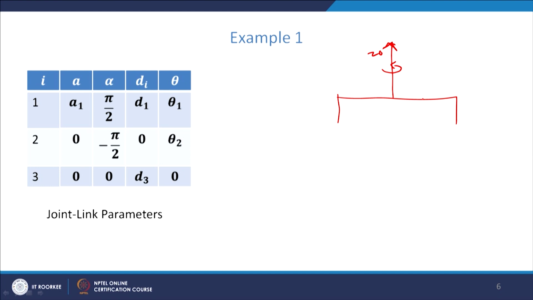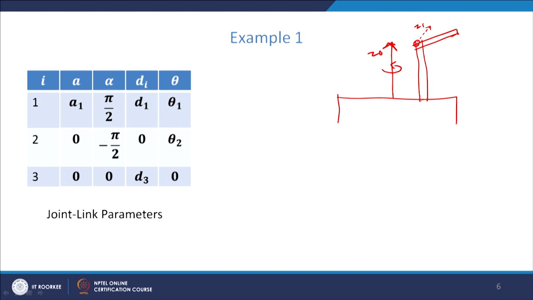Then the robot manipulator is placed here, the stem of the robot manipulator is placed here, for which there is a joint which rotates with the axis of rotation perpendicular to the plane of the paper. So, let us say Z1 is the direction which is perpendicular to the plane of the paper.